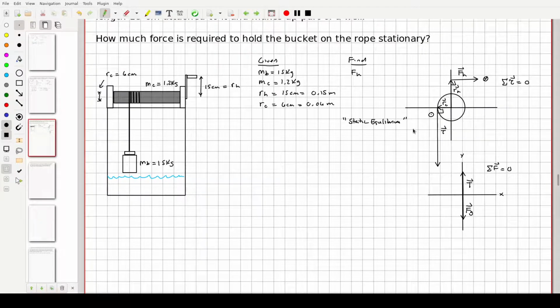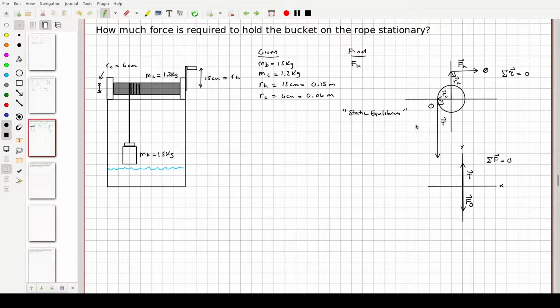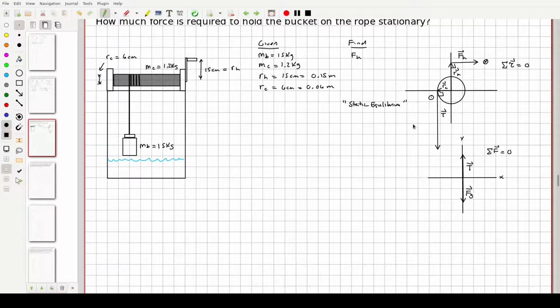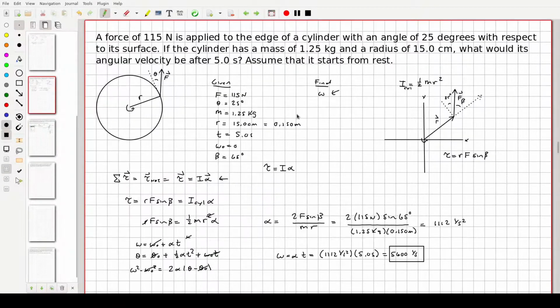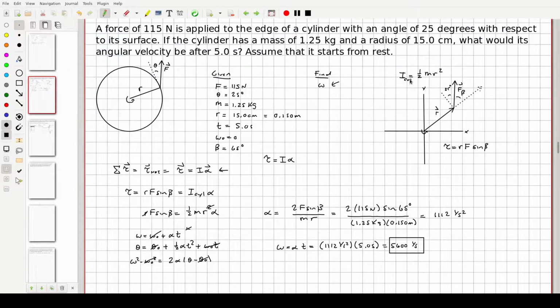But there's a whole chapter dedicated to that, which we'll be talking about shortly. Okay, now, we also know that we're looking at a cylinder on edge, which we dealt with right here. This is the moment of inertia of the cylinder, if we need it. We may not need it. In fact, we generally won't need it in this particular thing because things are at rest.